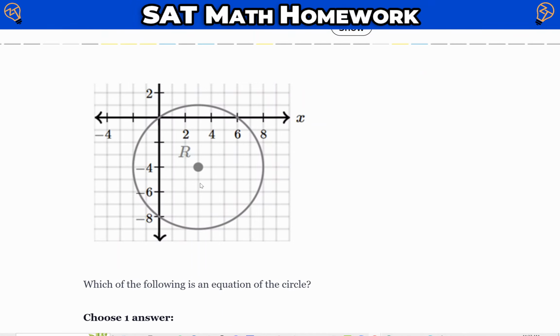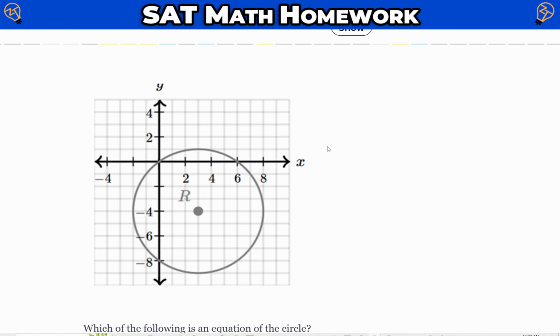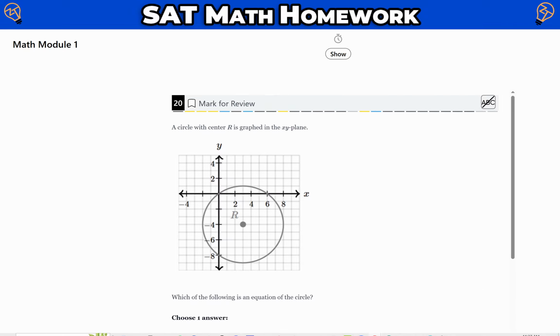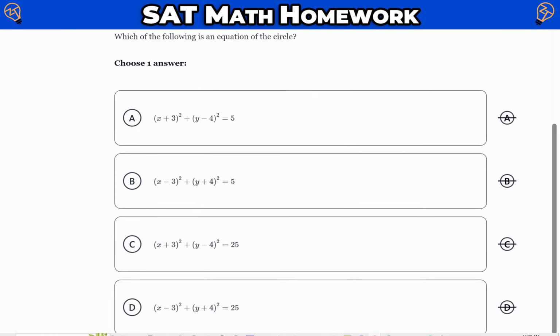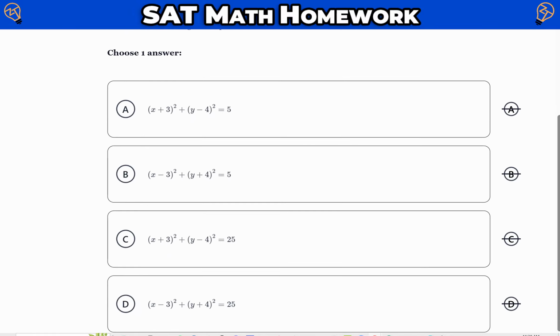So in this case, because the center is 3, negative 4, we can eliminate all the ones that don't have those opposite values. If the center is 3, negative 4, it should show up as negative 3, positive 4, because we take the opposite.